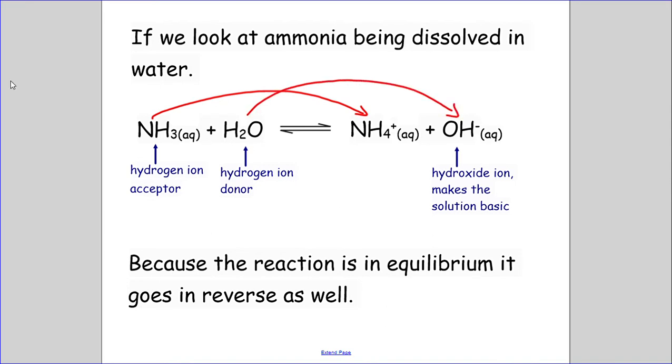Because the reaction is in equilibrium, it can also go in reverse. The hydroxide can pick up the hydrogen and turn back into water, and the ammonium loses it and turns back into ammonia.